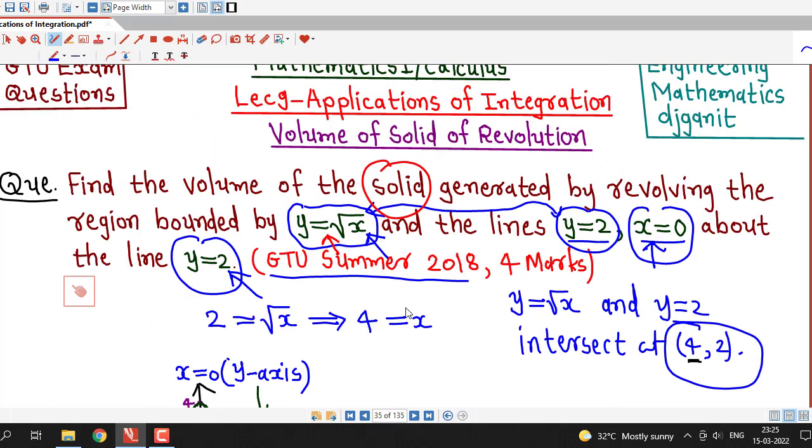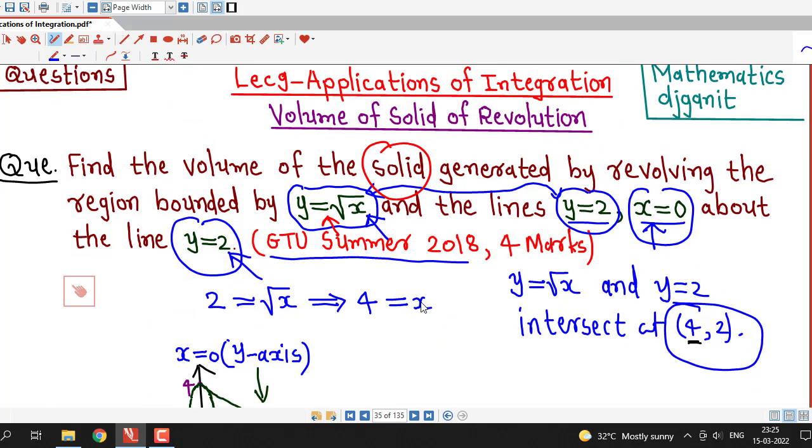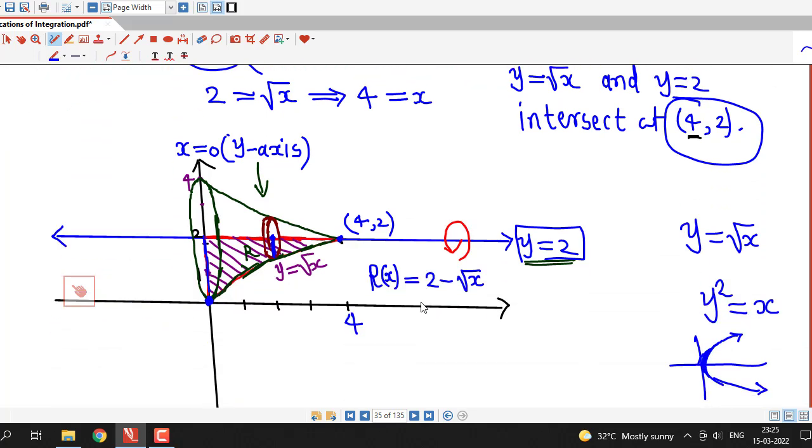So here this is an easy question. We are rotating, or revolving, the region. This region we are revolving about the line y equal to 2, and we obtain this solid.